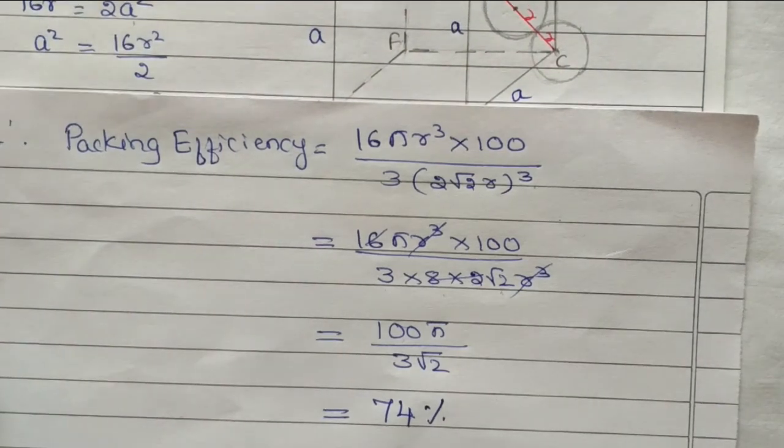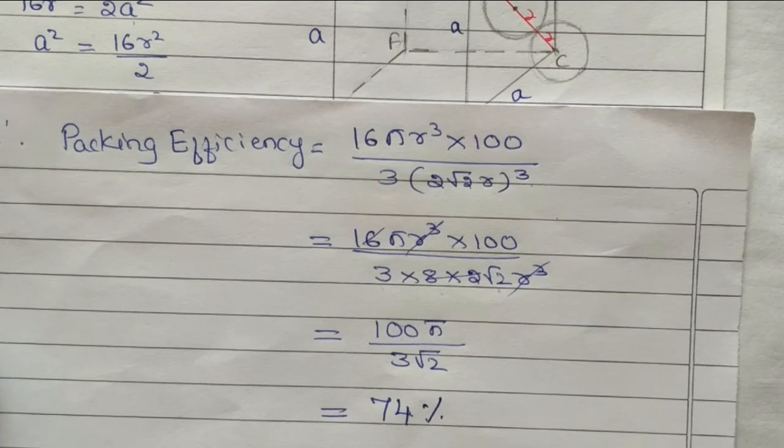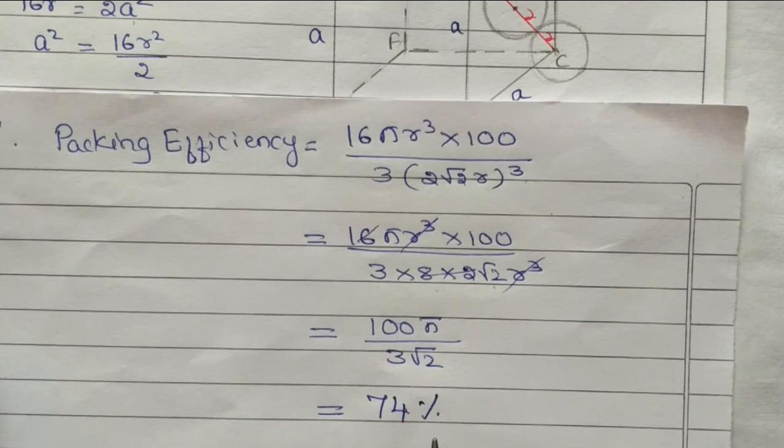So this is the calculation of the packing efficiency of FCC, CCP or HCP. Normally they will ask a 3-mark question on this: calculate the packing efficiency for simple cube, BCC, HCP, CCP or FCC. It is a compulsory question.